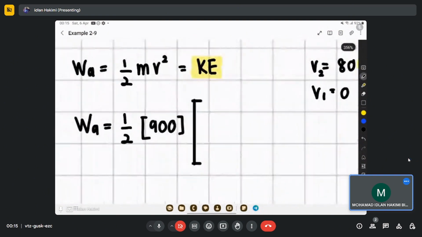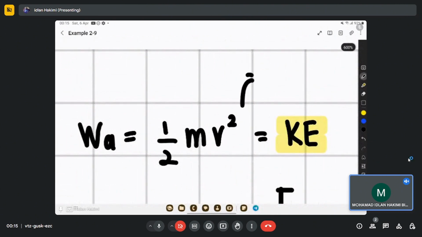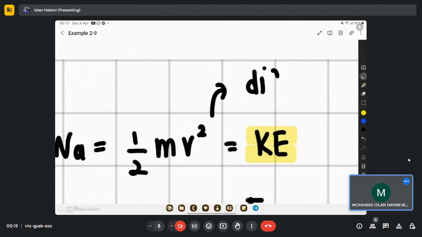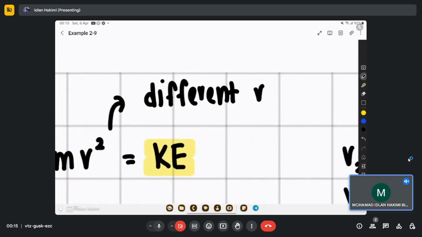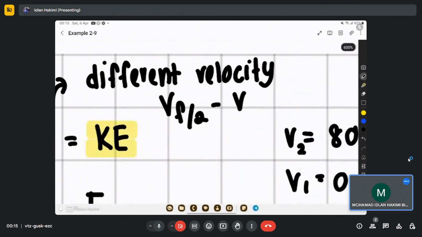Also, the v squared here is the difference in velocity, which means v final or V2 minus V1, the v initial.